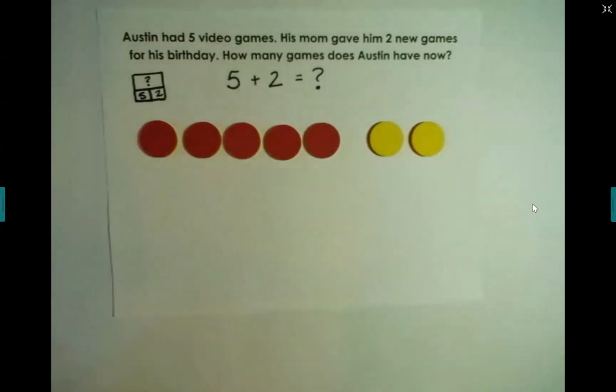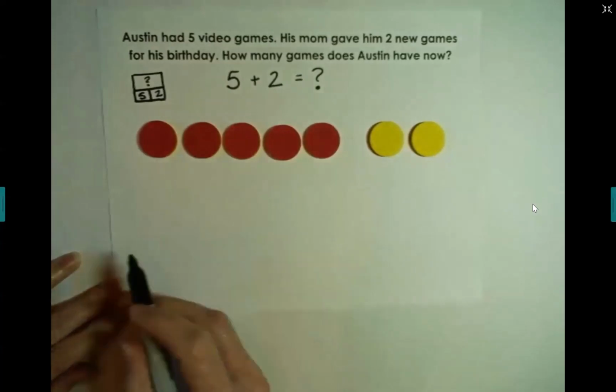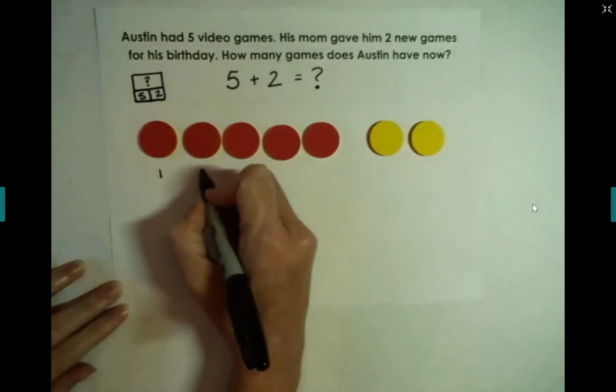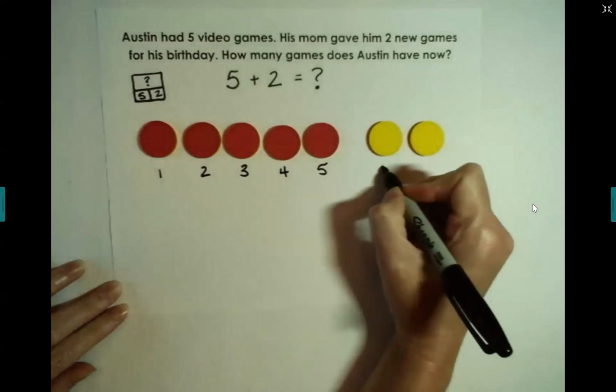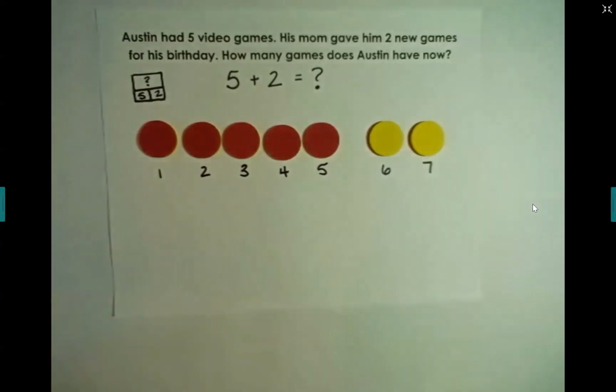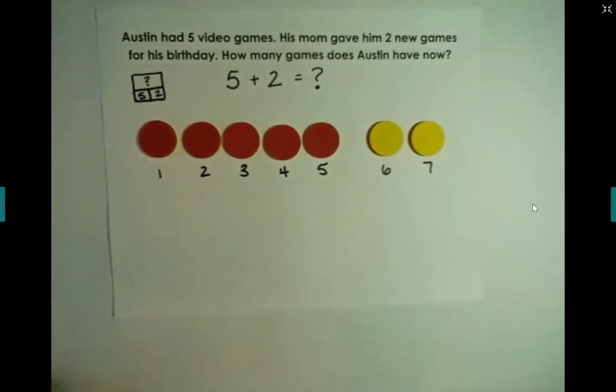Now from here, students may choose to count all of the counters to find this total. So they may count 1, 2, 3, 4, 5, 6, 7 to find the total number of games. That would be the counting all strategy.